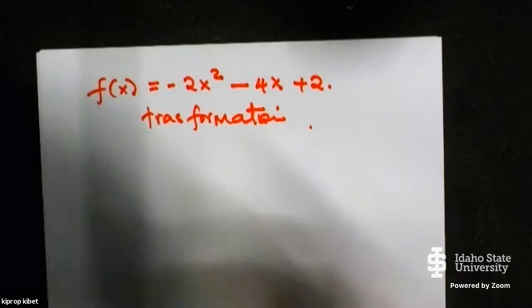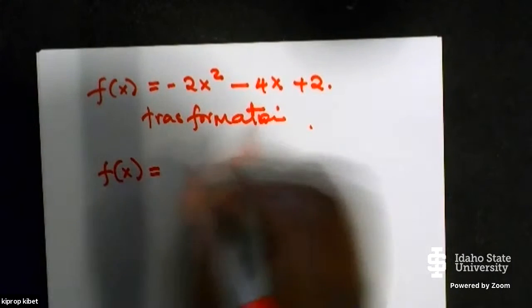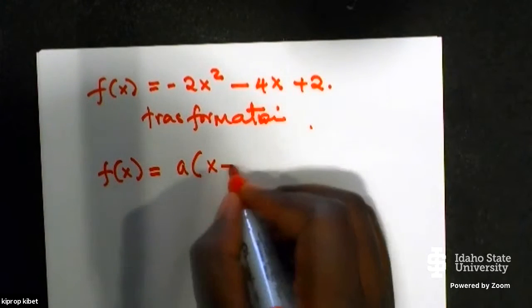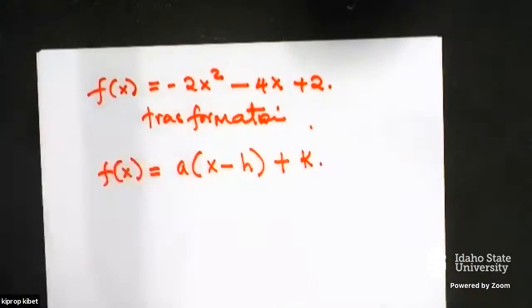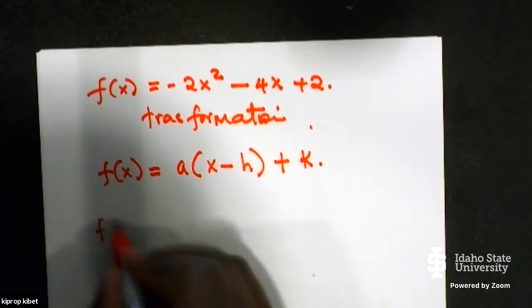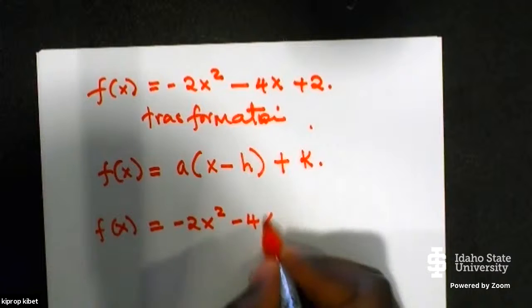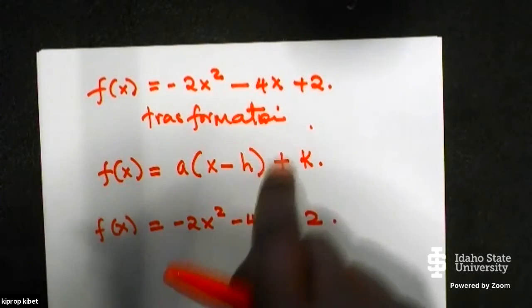We want to transform this into the form f of x equals a times x minus h squared plus k by completing squares. Our function is f of x equals minus 2x squared minus 4x plus 2. So how can we transform this function to this over here?